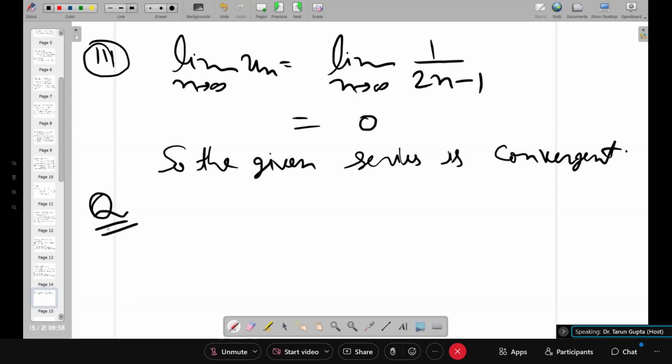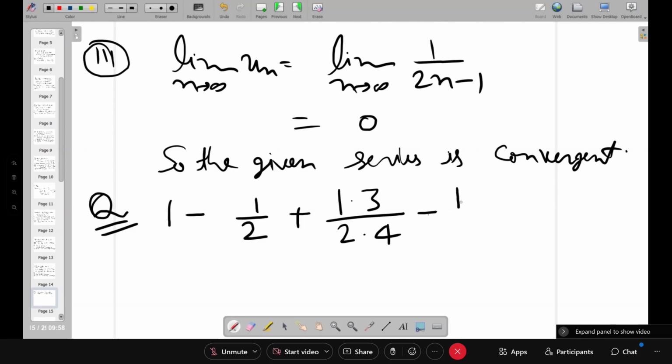In the next class we will see if you are not able. 1 minus 1 by 2 plus 1 into 3 upon 2 into 4 minus 1 into 3 into 5 upon 2 into 4 into 6 plus, this is the series.